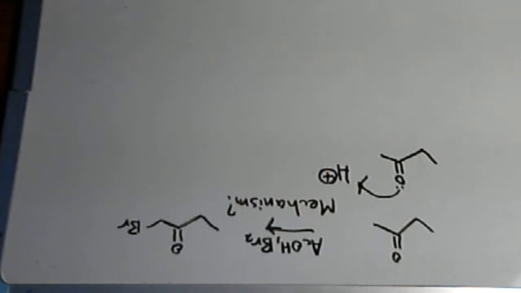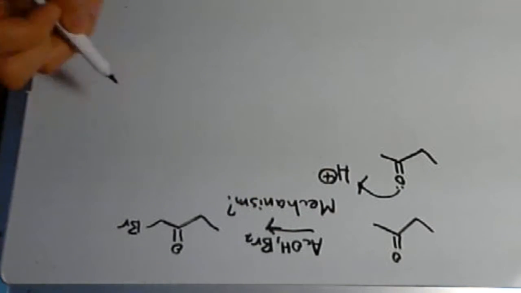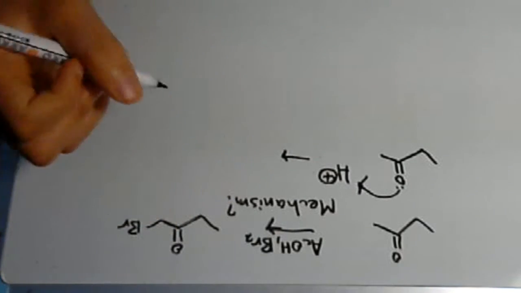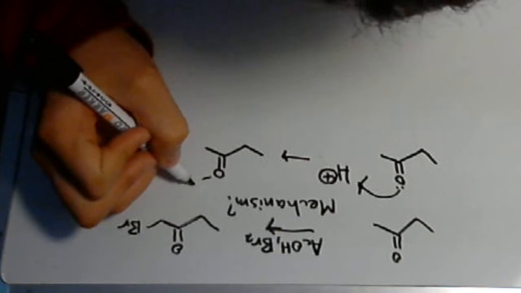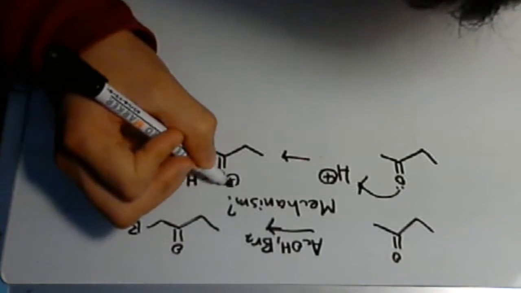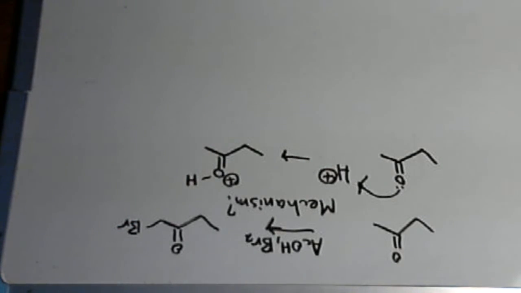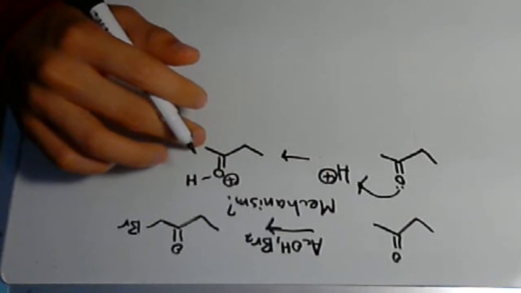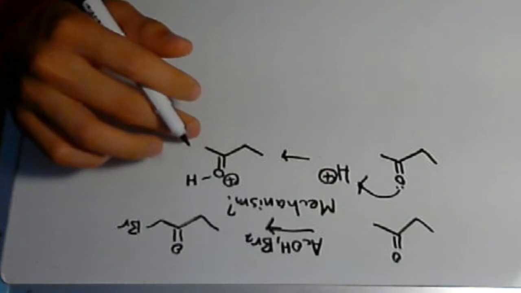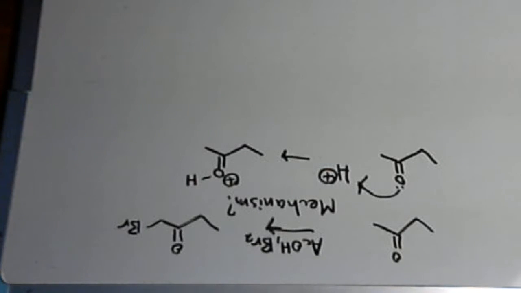I'll just write it as H+. It's effectively the same thing. So when we take that proton, that's going to activate the carbonyl. Okay? So it's going to activate the carbonyl.